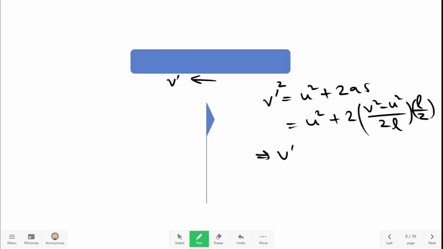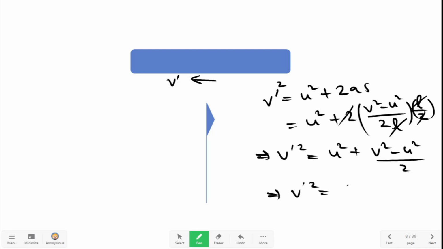This implies v prime square is equal to u square plus this 2 and this 2 gets cancelled, this L and L gets cancelled, u square plus v square minus u square by 2. This implies v prime square is equal to 2u square plus v square minus u square divided by 2.